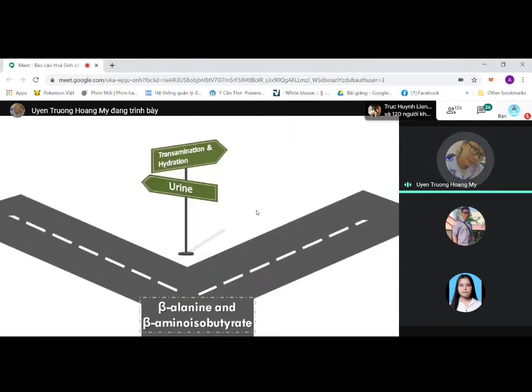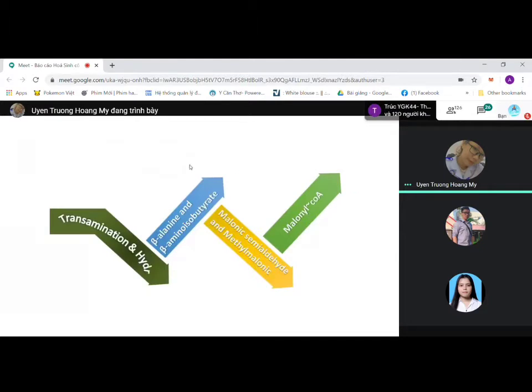They may be excreted in the urine, or they may be converted to malonyl semialdehyde and then into acetyl-CoA by transamination and hydration processes. Beta-alanine and beta-aminoisobutyrate are converted into malonyl semialdehyde and methylmalonyl semialdehyde by transamination, and these will convert into malonyl-CoA by hydration.